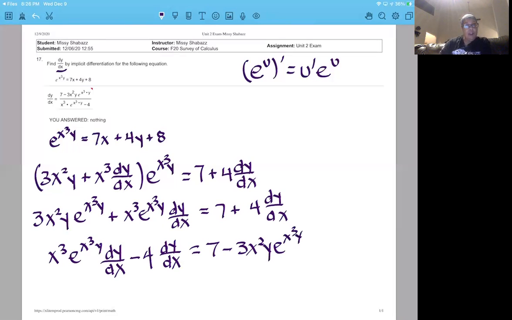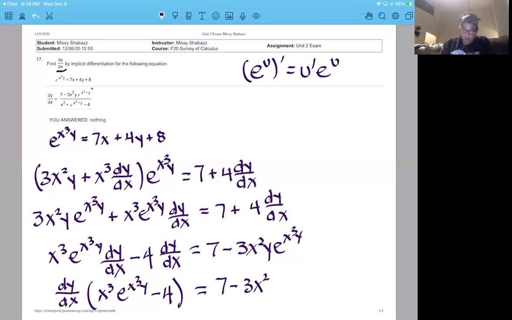Now I'm going to factor out a dy/dx. And I get an x cubed e to the x cubed y minus 4 equals 7 minus 3x squared y e to the x cubed y.